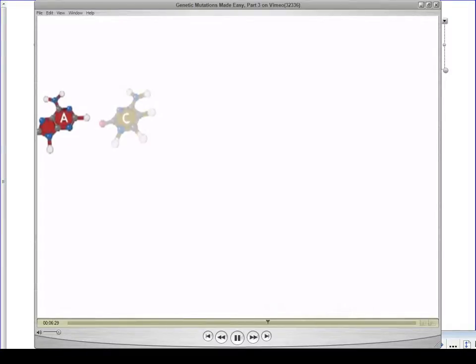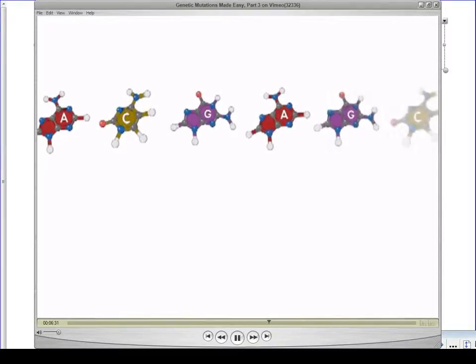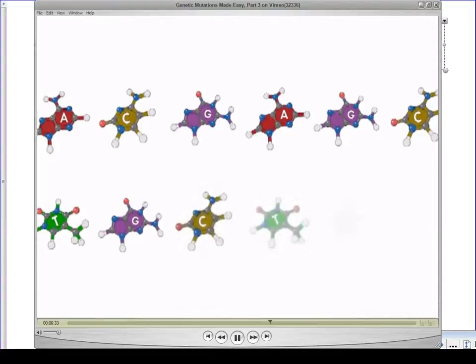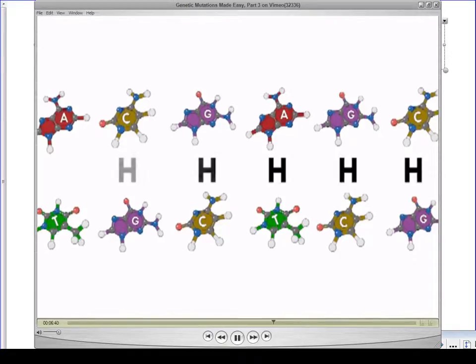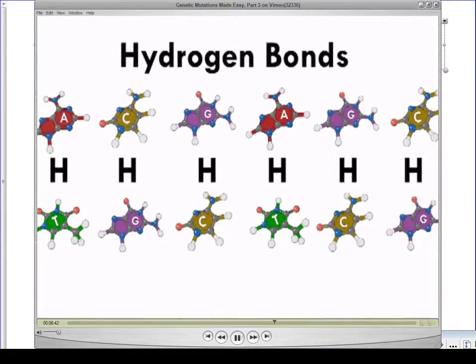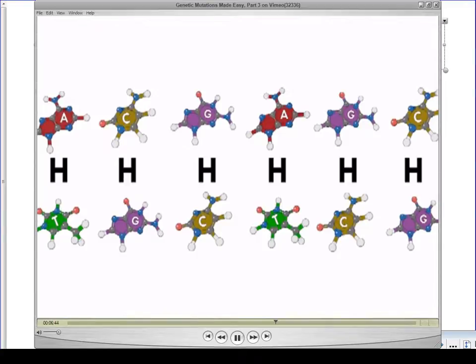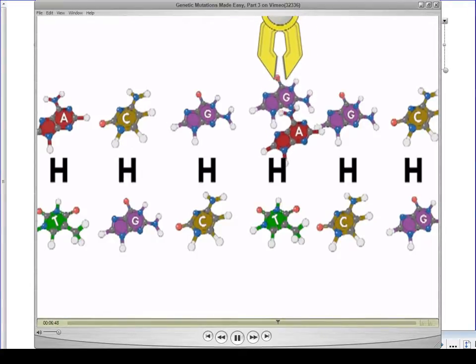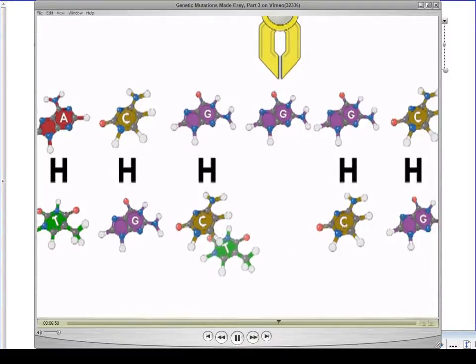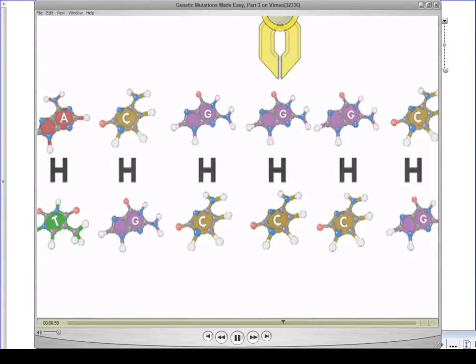In either transversion or transition, when a base pair is changed, the paired base on the opposite DNA strand must also be changed. Otherwise, the new base will not be able to form hydrogen bonds with the opposing base. For example, if we have an adenine and put a guanine in its place, the thymine on the opposite strand that bonded with the adenine must be changed for a cytosine, so it may bond with the new base of guanine.